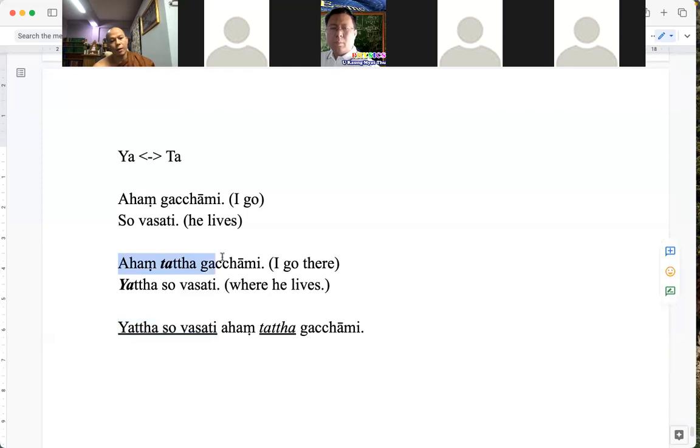In the first line, when I say 'tattha gacchāmi', I go there. 'There' is very common. Where? We don't know. But we want to modify that with the 'ya' clause, relative clause. So I go there where he lives.